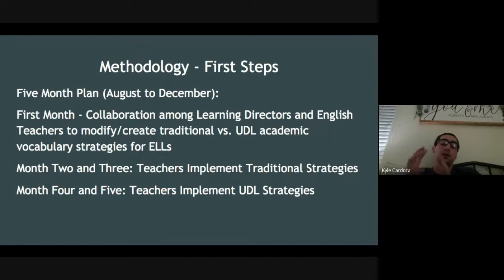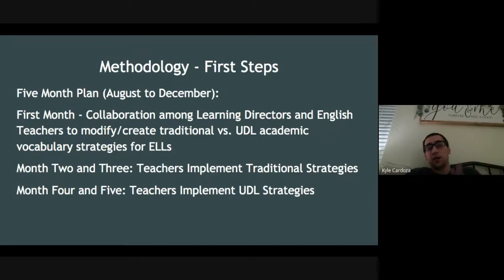But of course, for this class, we want to focus on the English language learners. So in the second and third months, all of the teachers are going to incorporate these strategies into their instruction. And then, I'll get to when the surveys take place in a second.